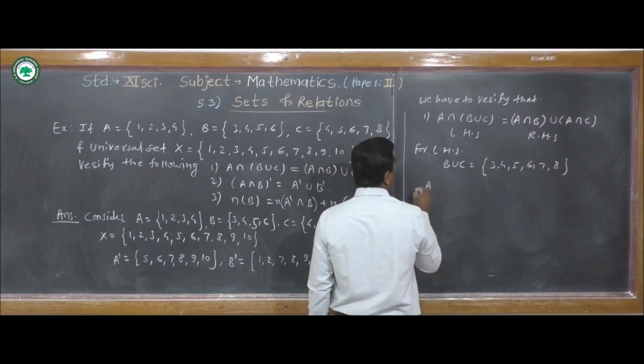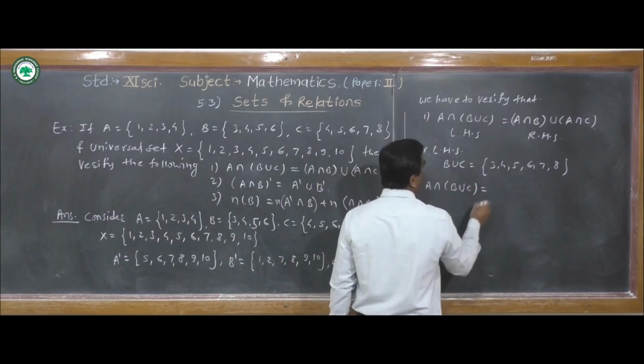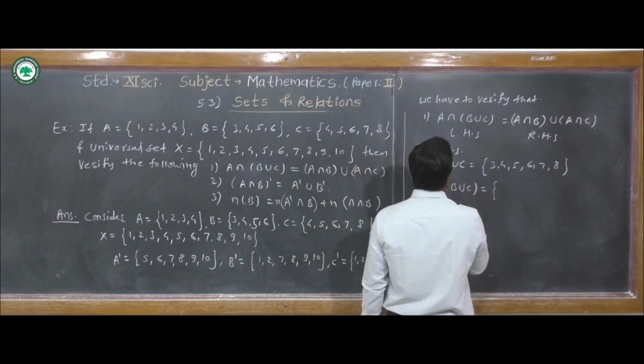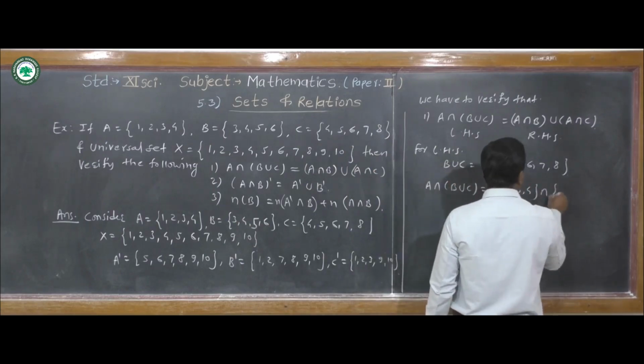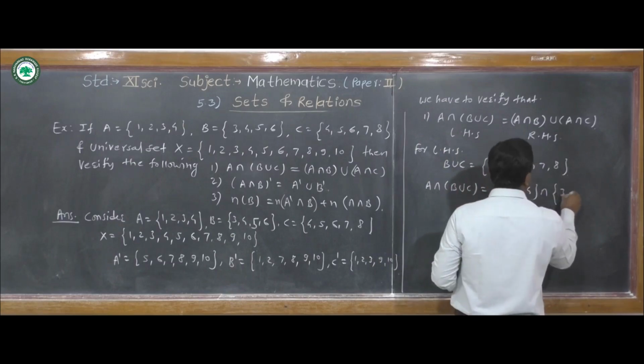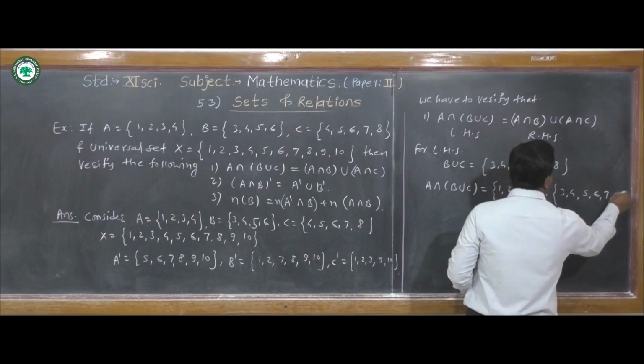A intersection (B union C) is equal to set A, that is 1, 2, 3, 4, intersection this set B union C, which contains elements 3, 4, 5, 6, 7, 8.